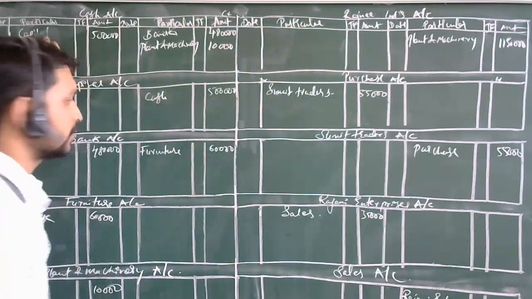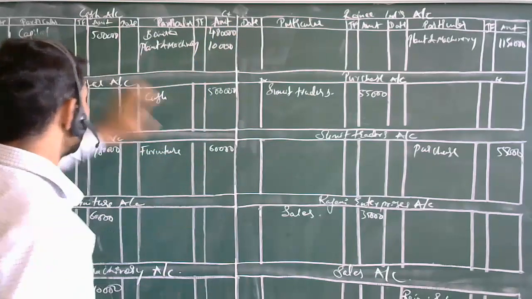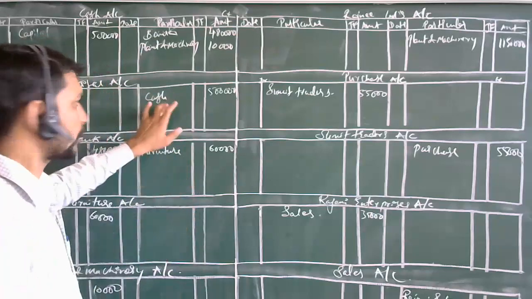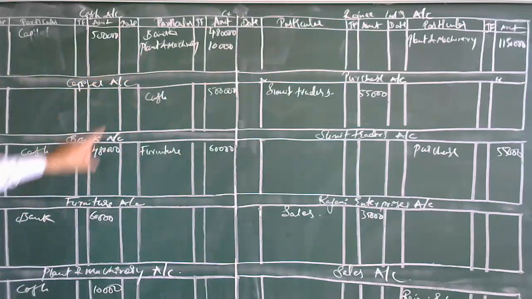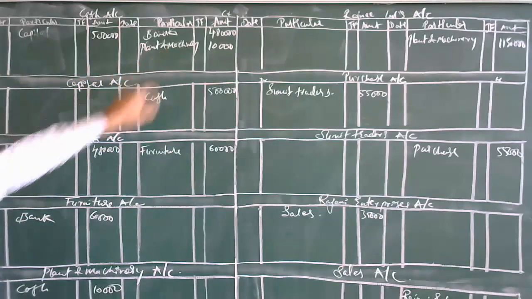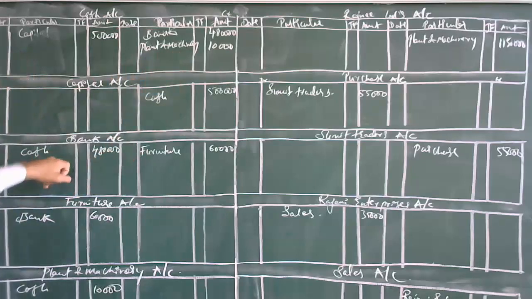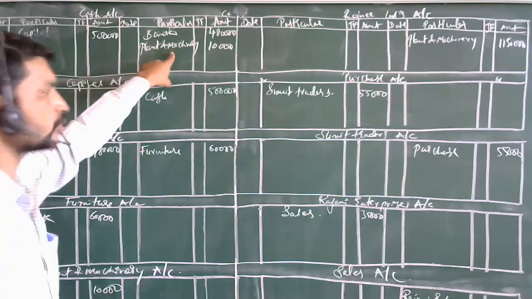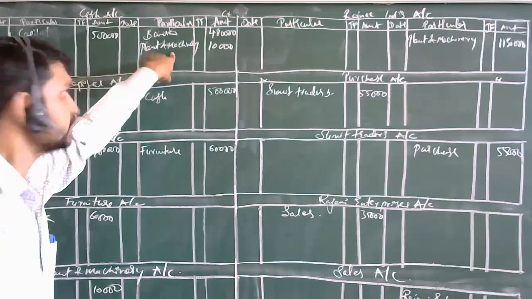Cash account debit to capital account, that got over. Then next one was bank, cash account debit to bank account, that is, cash was transferred to the bank account. So the bank account was debited here, and cash is credited over here.